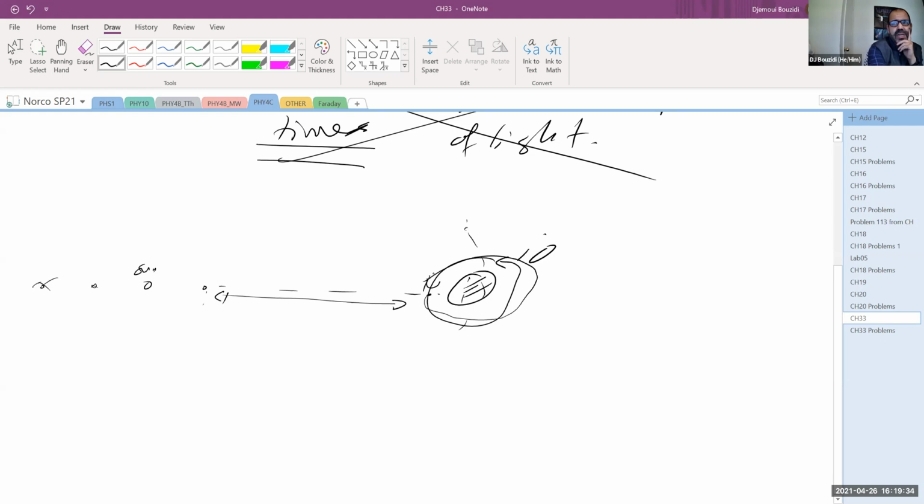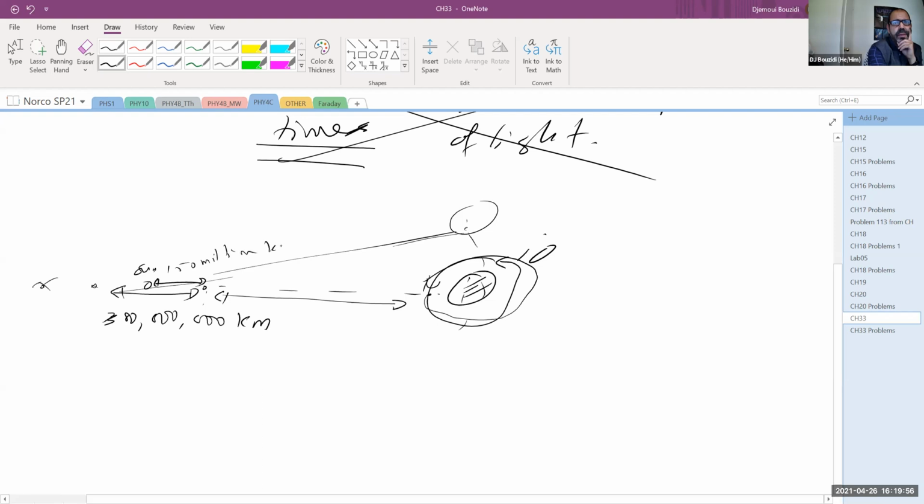So if I wait 6 months and redo the experiment, light is now traveling this extra distance, which is twice the astronomical unit, or 300 million kilometers. One astronomical unit is 150 million kilometers. That extra distance will account for a shift in the period of Io.